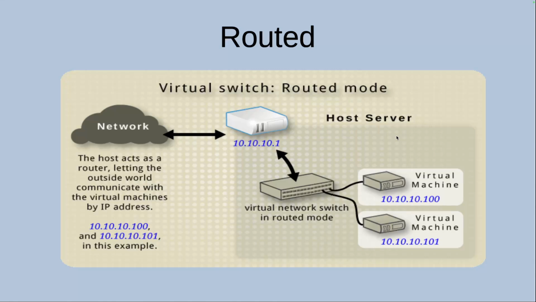Now, the next version is going to be a routed network. What this routed network is going to do is basically put the virtual machine on your home network. The host itself acts as a router, letting the outside world communicate with the virtual machines through its Ethernet interface.